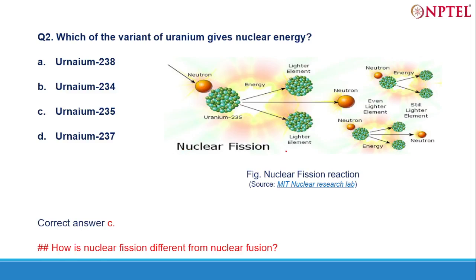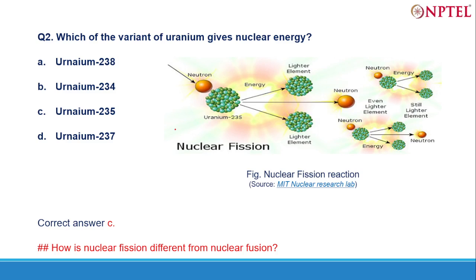Now coming to question 2. Question 2 asks which variant of uranium gives nuclear energy. Nuclear energy is basically the energy stored in nuclear atoms like uranium, plutonium, and some other radioactive atoms.